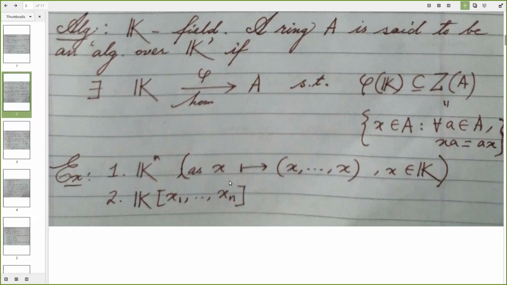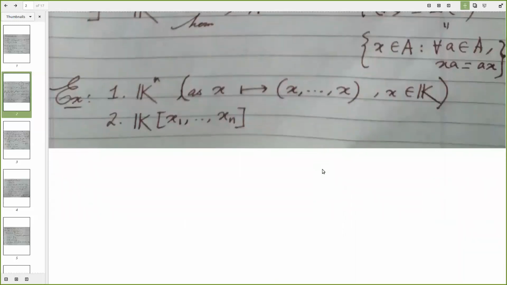A typical element x goes to the tuple whose components are all equal to x. So this is indeed a homomorphism from K to K^n. And of course, since this is commutative, everything is in the center, K^n is its own center. So therefore K^n becomes an algebra over K.